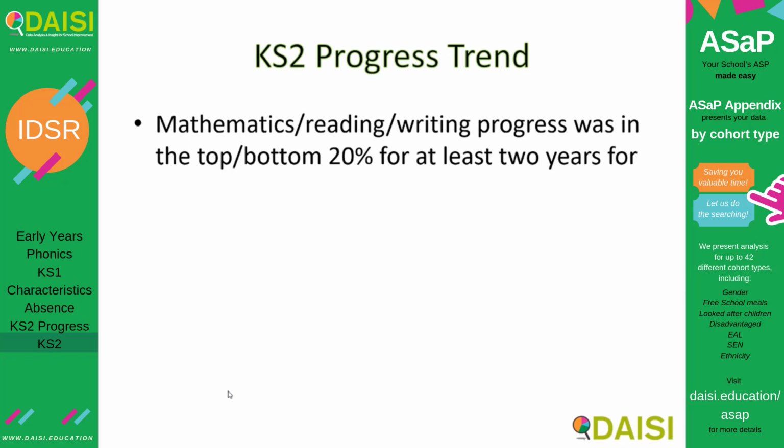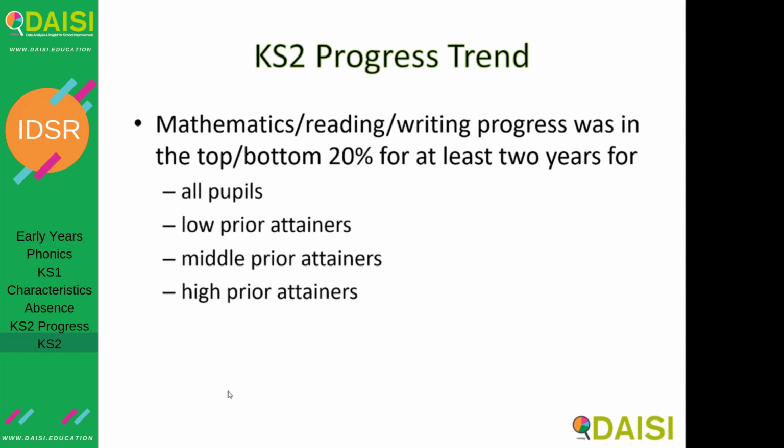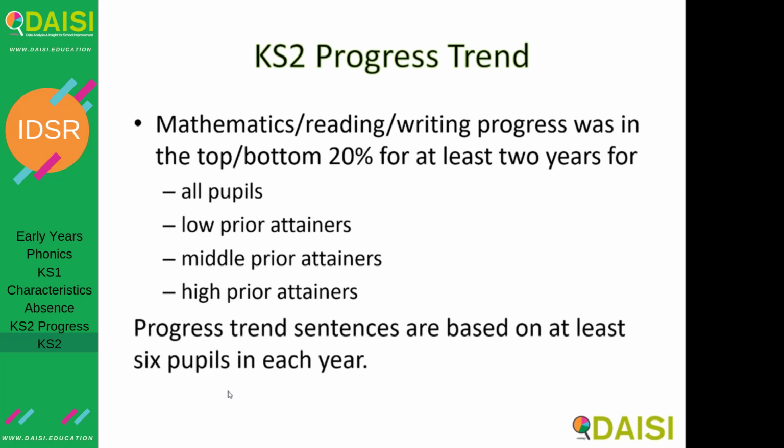Now with the progress trend, we're not talking about the last 3 years, we're only talking here about the last 2 years. Was your progress in the top or bottom 20% for all pupils, for your low, middle or high prior attainers? So notice you need at least 6 pupils in each year for this to become a trend.